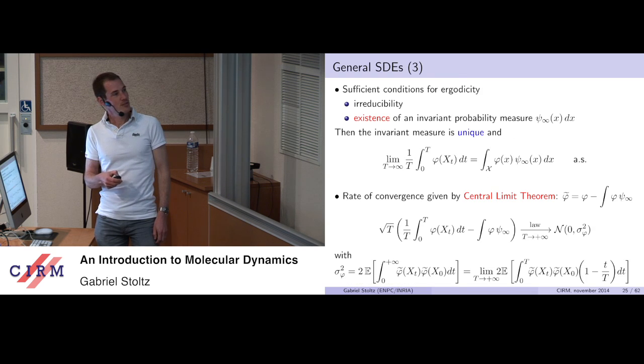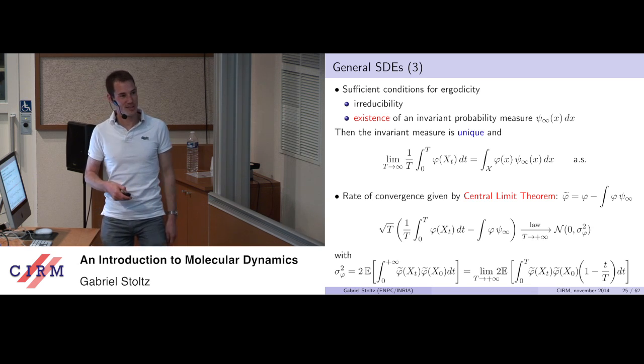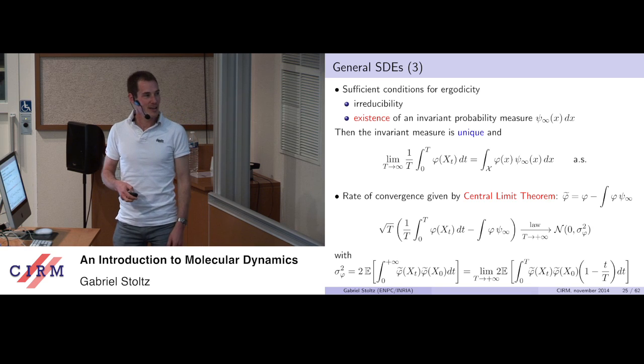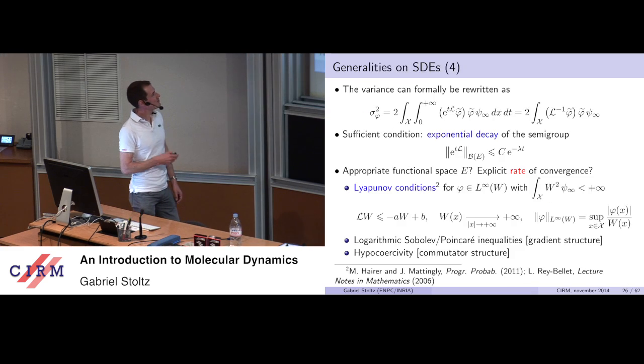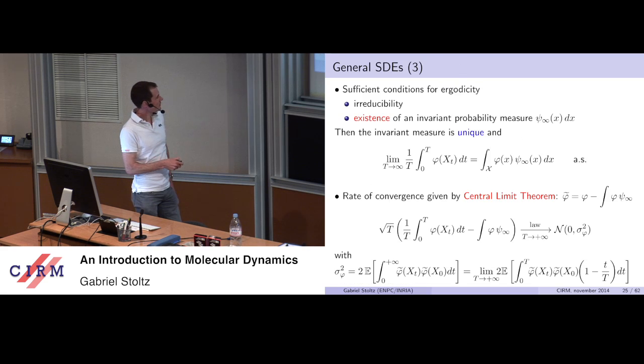So the first thing is to rewrite this variance in terms of operators. Even though I may be talking about stochastic differential equations and so on, I fundamentally am someone from analysis, and I like to see operators rather than expectations. So I first rewrite my variance like that, with exponential tL of phi tilde.